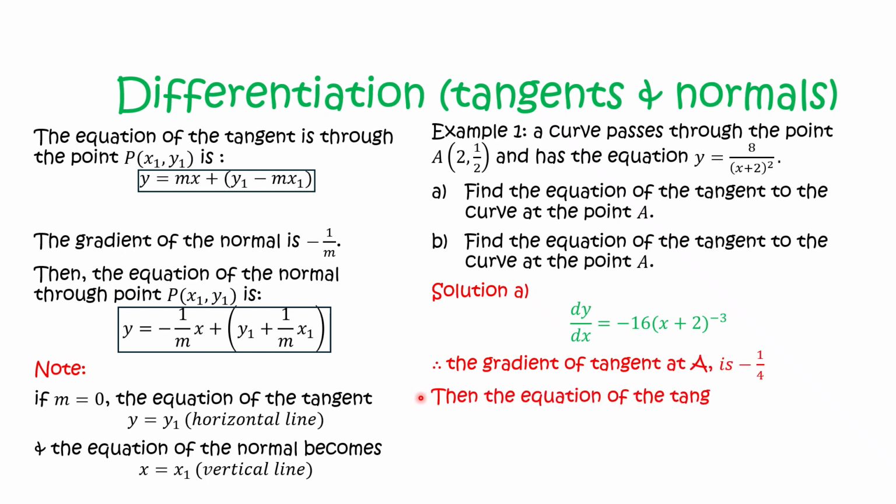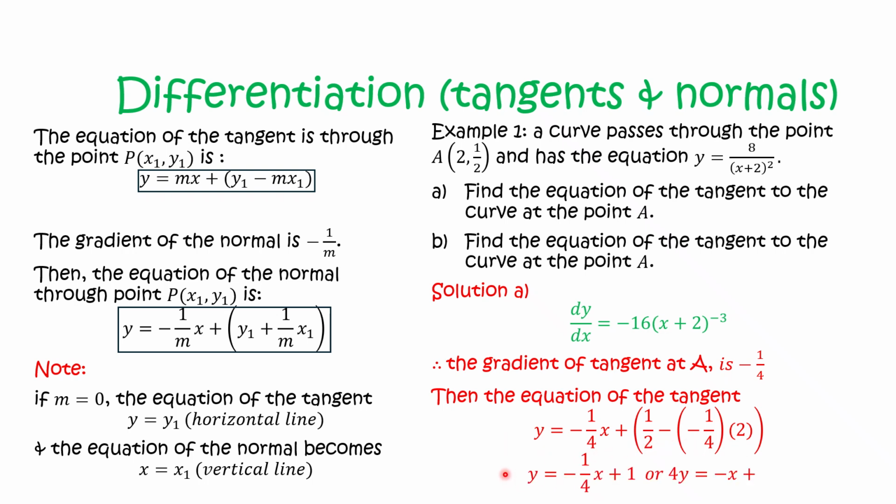Now, to find the equation of the tangent, looking at the formulae that we have on our left-hand side, the first one in the box, we can substitute for y1, which is a half. Then we also substitute for x1, which is 2. In so doing, we come up with this equation.